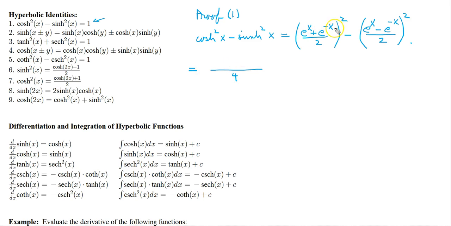Now when we square e to the x plus e to the negative x, when we FOIL this out, what we get is this. So that's what we get when we FOIL out e to the x plus e to the negative x. For example, I'll just quickly do that down here.